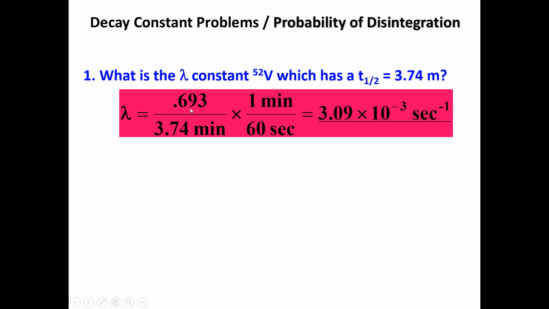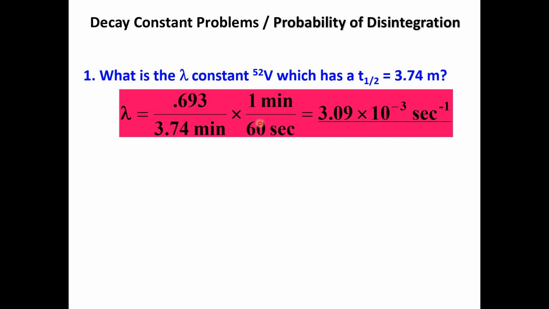So here is the formula. The basic formula for the decay constant is lambda equal to 0.693 divided by the half-life. The half-life is given as 3.74 minutes. Per minute to be converted into seconds, we have to multiply by 1 over 60.